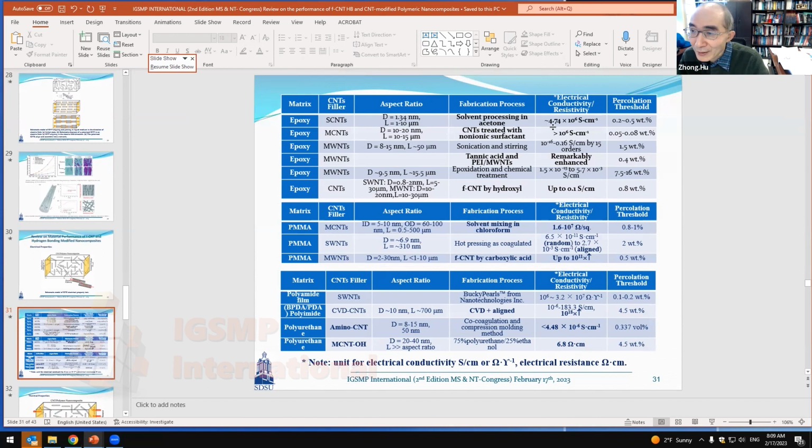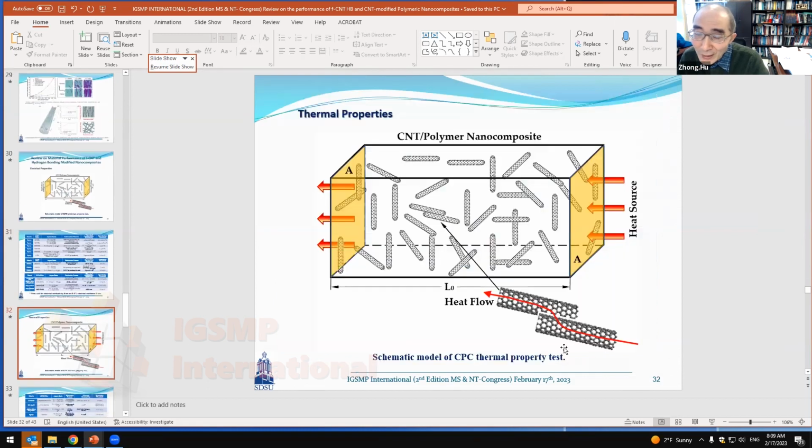You can see, for example, with functionalization, the electrical conductivity is much, much higher. Sometimes the measurement is not electric conductivity but electric resistance, and the resistance will be reduced. And the second one is thermal property.